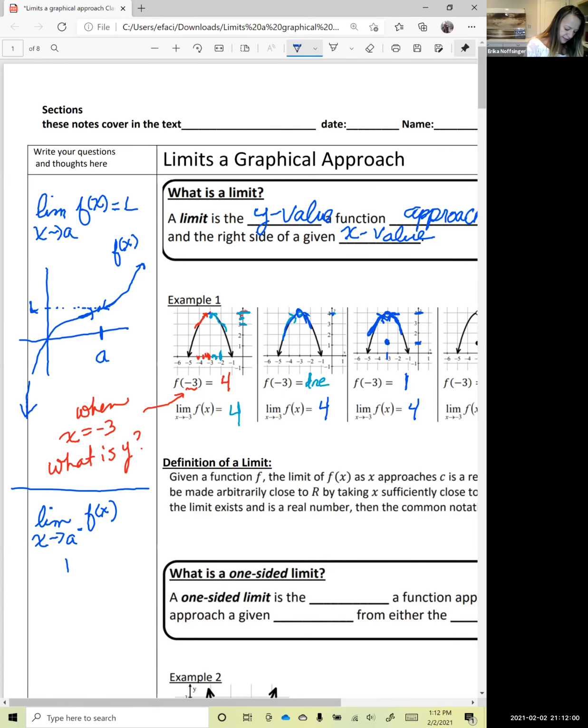So this is the limit as x approaches a on the left. So x equals a from the left.